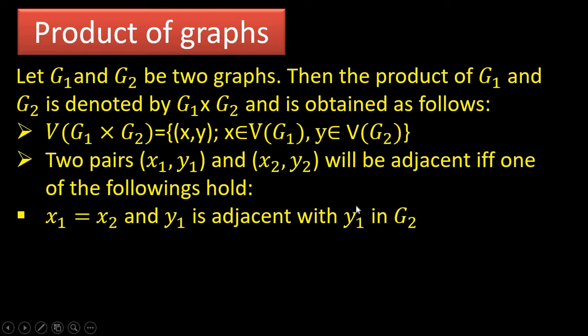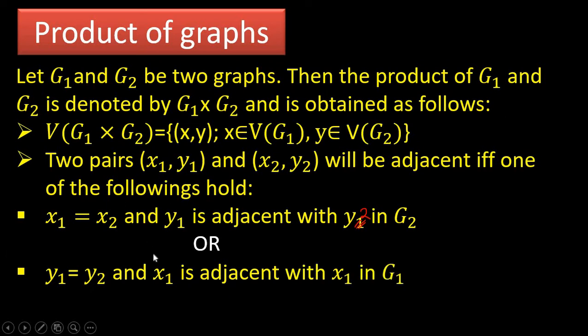The second condition is that if y1 is equal to y2 and x1 is adjacent with x2, because x1 and x2 are vertices of G1.